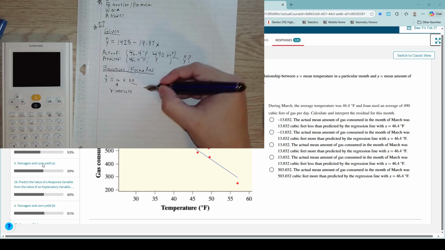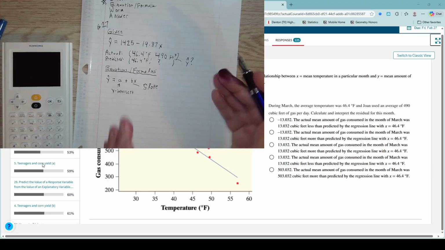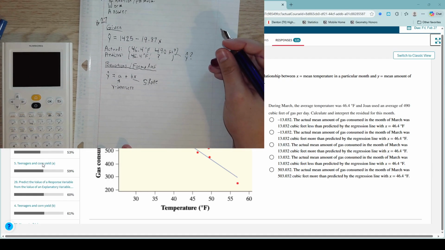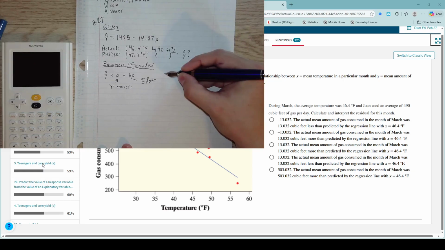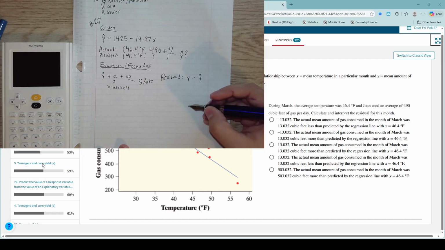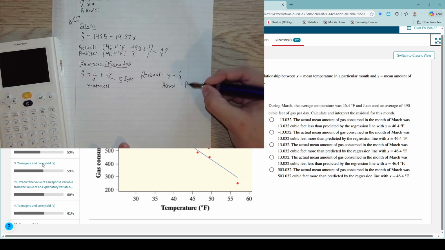What is b? That is our slope. The slope is going to be next to the x, wherever that is. Alright, now I don't see any other equation formulas. Oh, actually, yes, I do. The formula for the residual, right? Which is y minus y hat. Okay, or in other words, actual minus predicted.